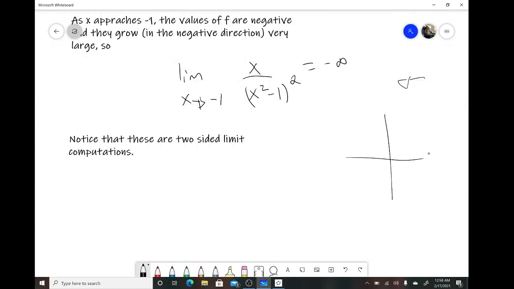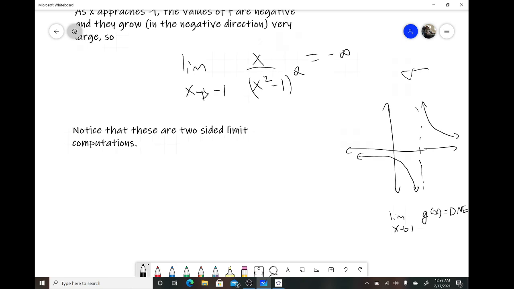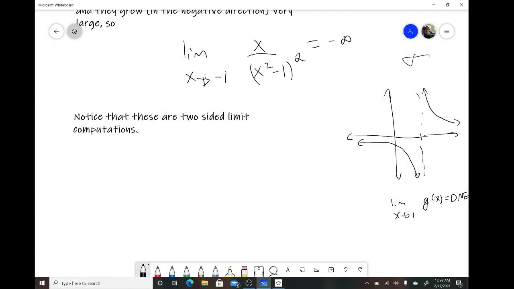For example, if you had something like this, let's say you have 1, and here's your vertical asymptote, and you had one side going like this and the other going like this, then as x goes to 1, the limit of this function, let's call it g of x, does not exist, because we're going in opposite directions. So we cannot even say that the two-sided limit here is going to exist. So that's one thing that we're going to be building up to.